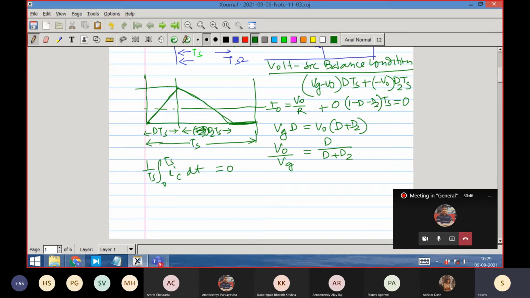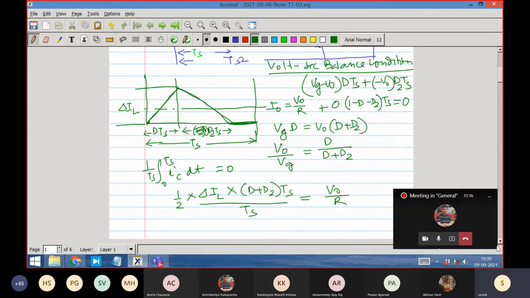Here we have this ripple delta IL. So I will write it as half into delta IL into duration d plus d2 into Ts, divided by Ts, that is the average. This is the area. Then this divided by Ts must be equal to V naught by R.